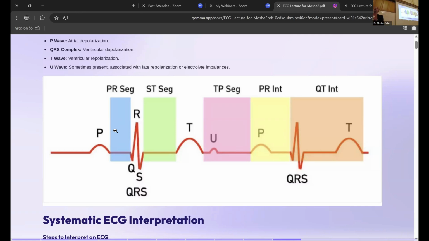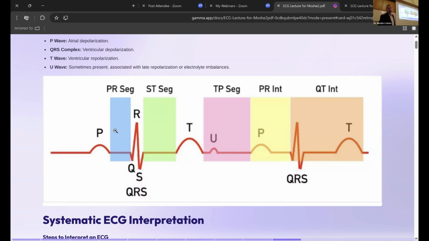So it delays electricity a bit. What do we mean by a bit? What is the normal PR interval? 0.12 till 0.2 seconds. So again, 0.12 till 0.2 seconds. That's the time lag, that's the delay we have between depolarization of the atria and depolarization of the ventricles.